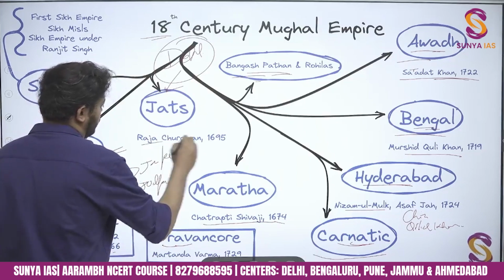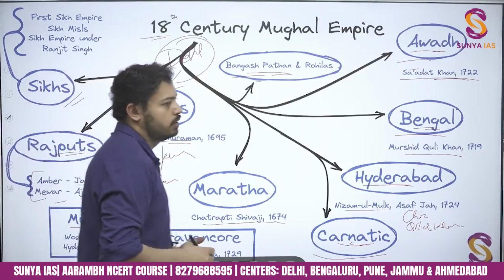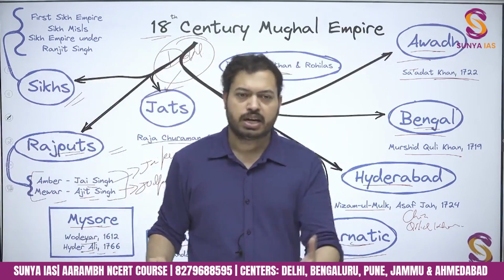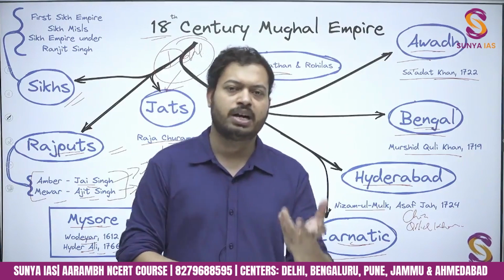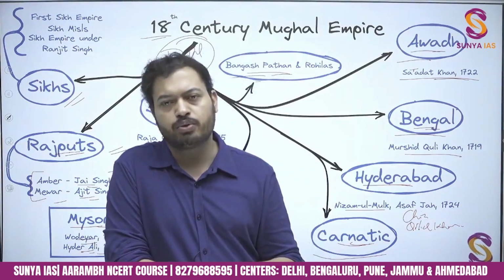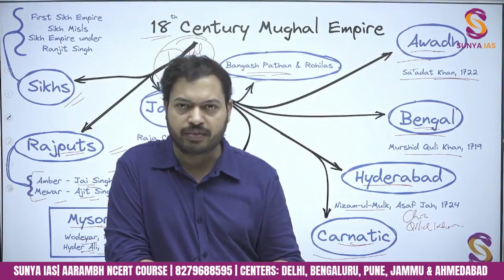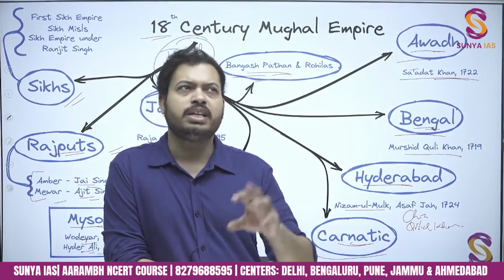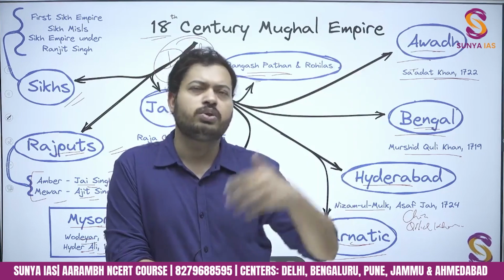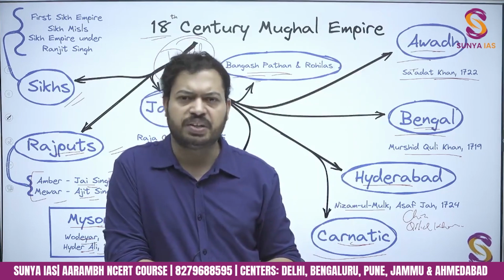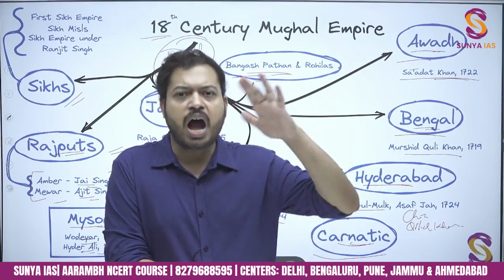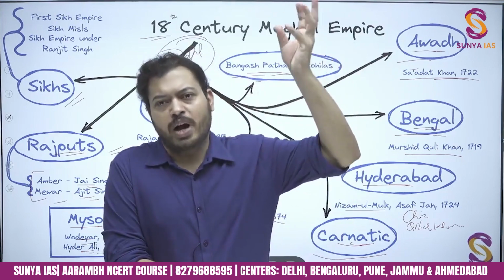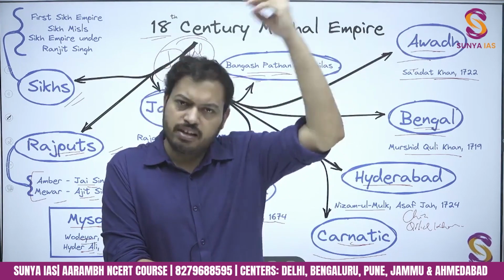Okay, Jats were led by Raja Churaman. The Jat province around Bharatpur was established in 1695, although they reached their epitome during the time of Surajmal, and I'll explain how and why it happened, why in the 1640s only, why Surajmal only.